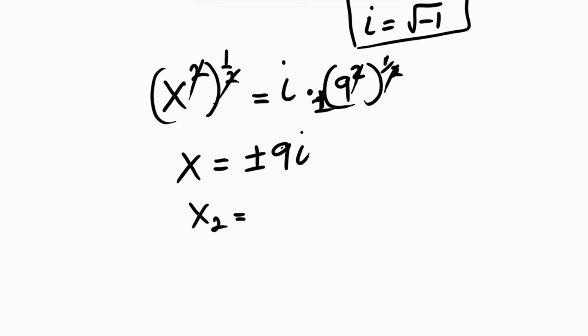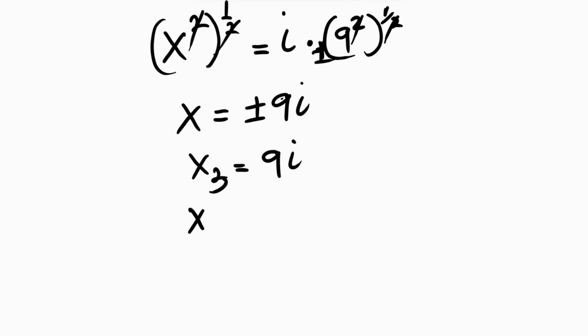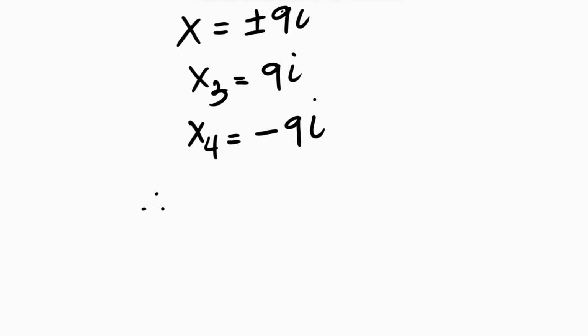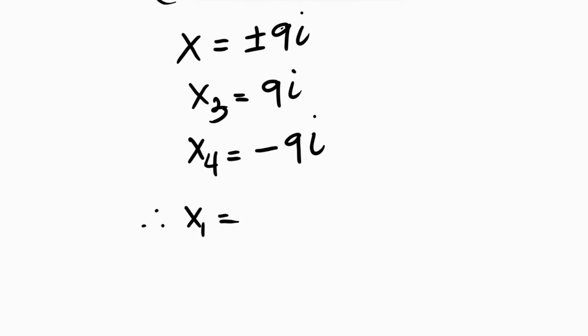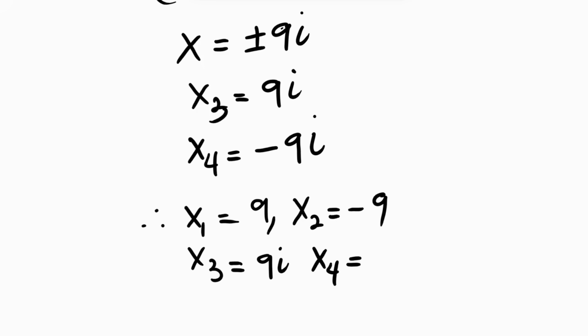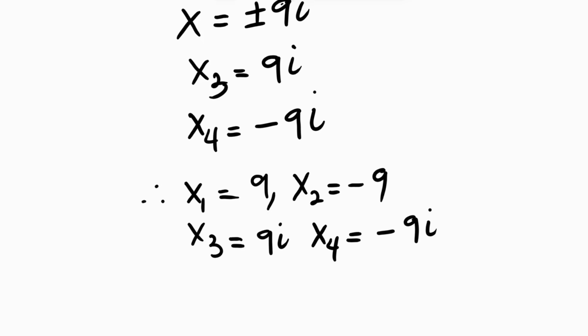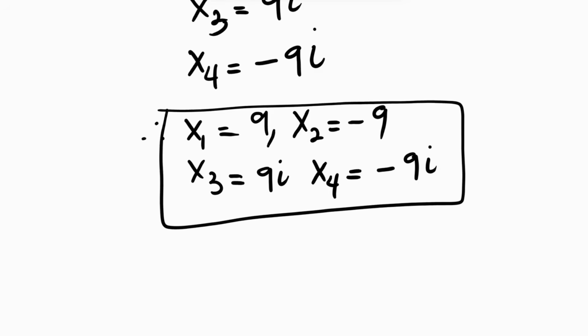So x3 is equal to 9i, and x4 is equal to minus 9i. So therefore, our values of x1 is equal to 9, x2 is equal to minus 9, x3 is equal to 9i, and x4 is equal to minus 9i. And these are the answers to our question.